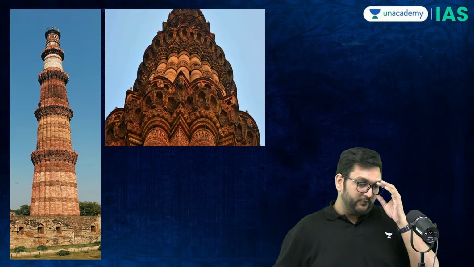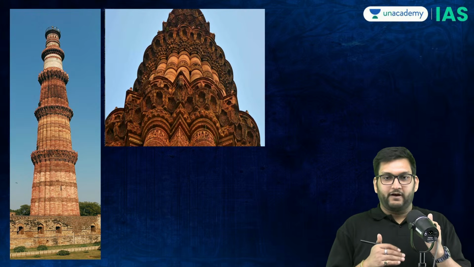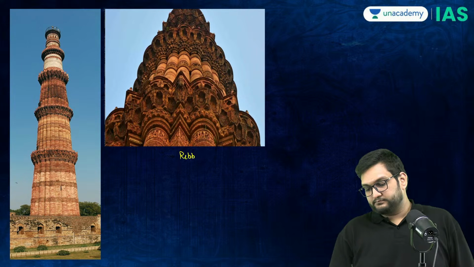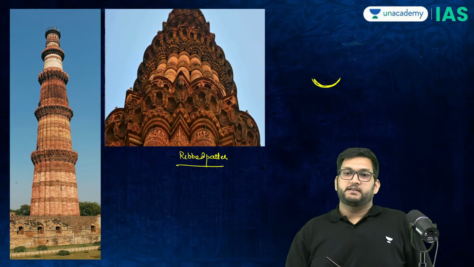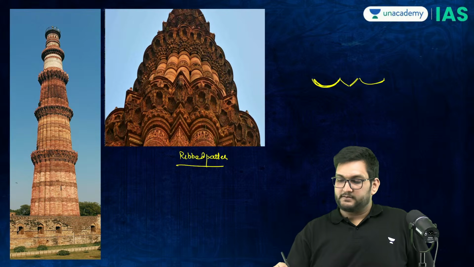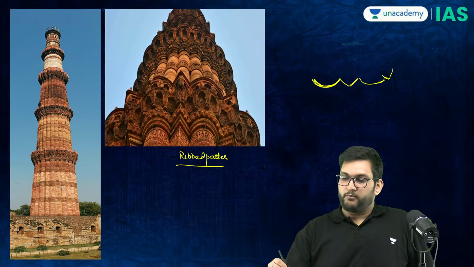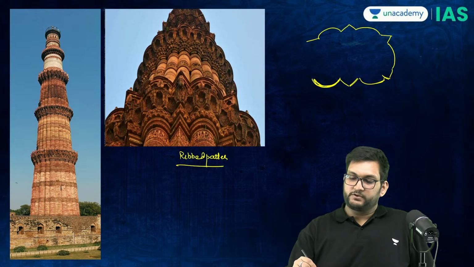Now, Qutub Minar has one very interesting feature, that it is a ribbed pattern. One rib is like this, which is spherical. One rib is like this, made with a pointed edge, and these are the ribs which you will see around it.